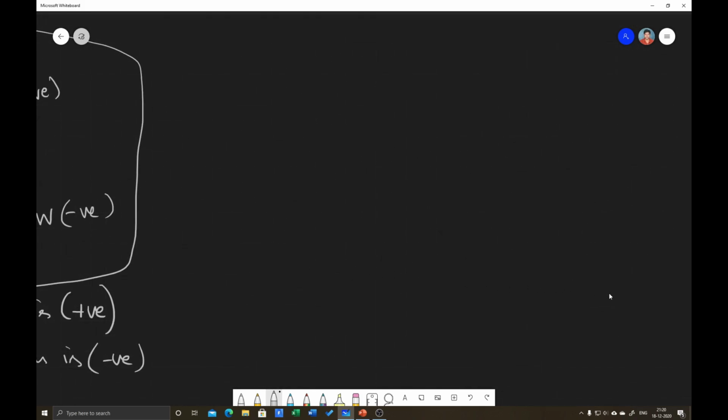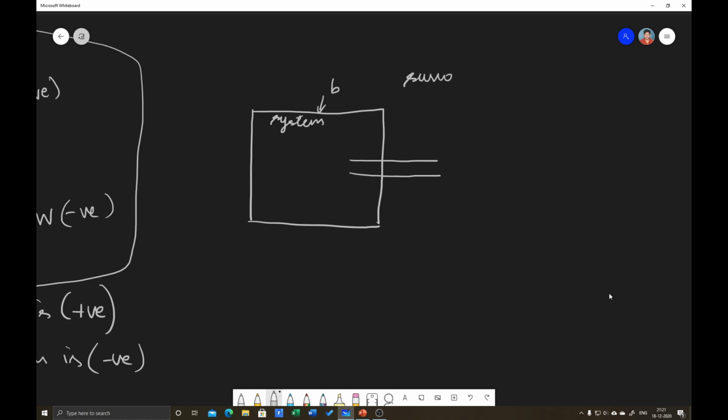So now we will see how work transfers from the system. Another form of transfer is this. Say suppose there is a system, this is the system, this is the boundary, these are surroundings. There is a paddle connected to this. Paddle means a stirrer-like thing.